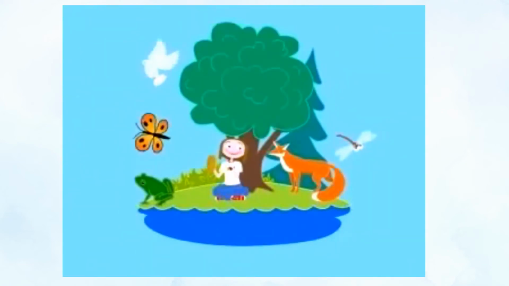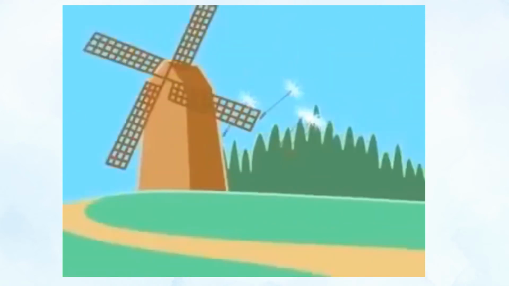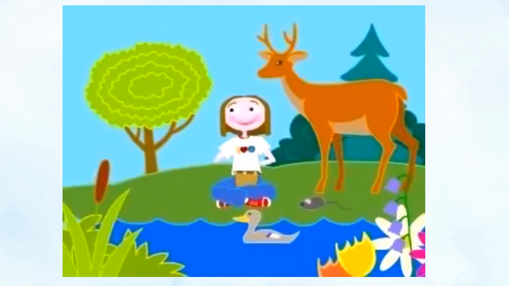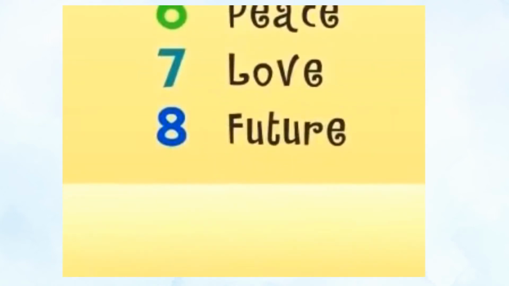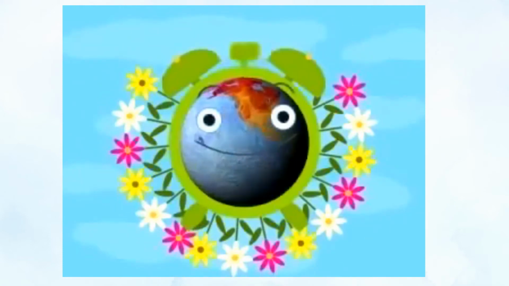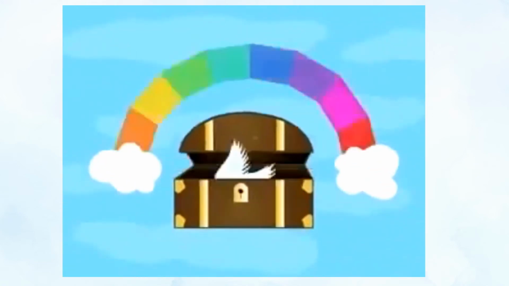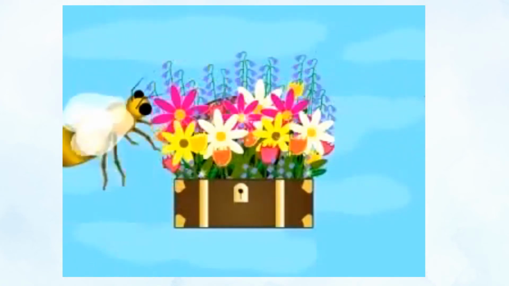For all of life we must respect and care. Every little insect, every tiny seed, animals and people, flowers and trees. So follow the charter from 1 to 8. 1 is life and it's never too late. Earth and Rosie will take you there. The Little Earth Charter's a treasure to share. I'm planet Earth.